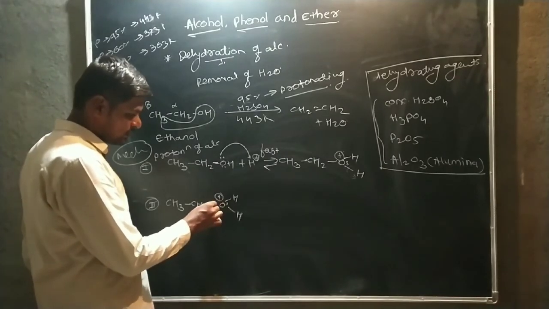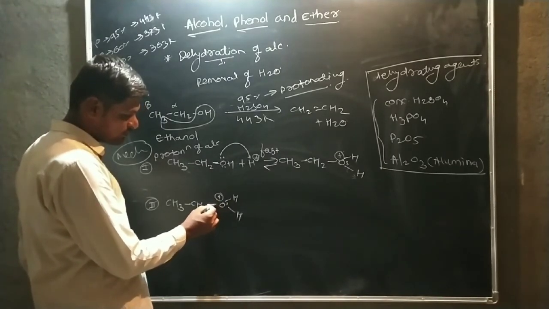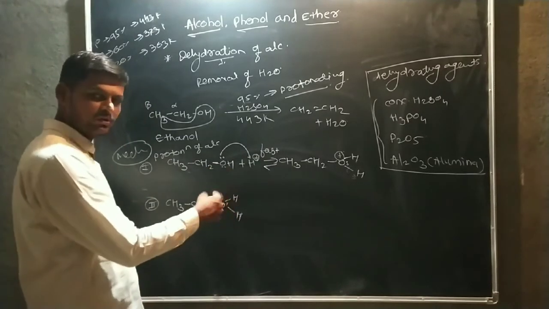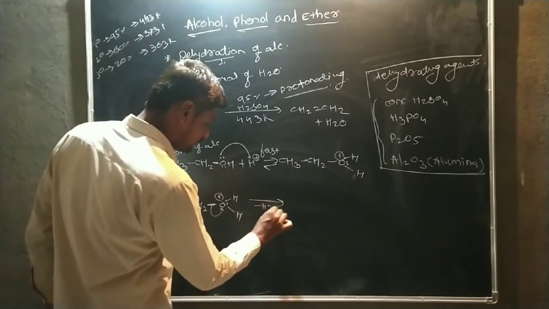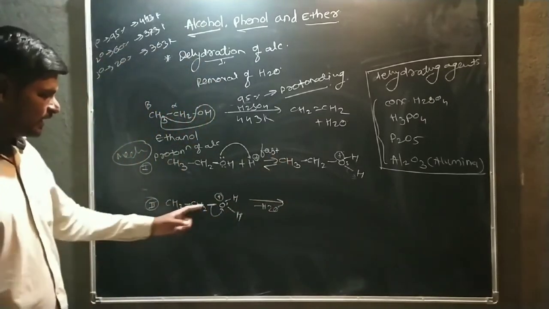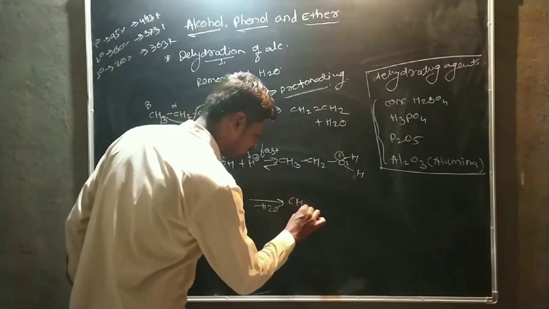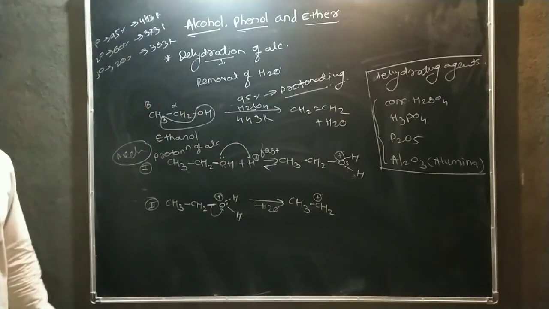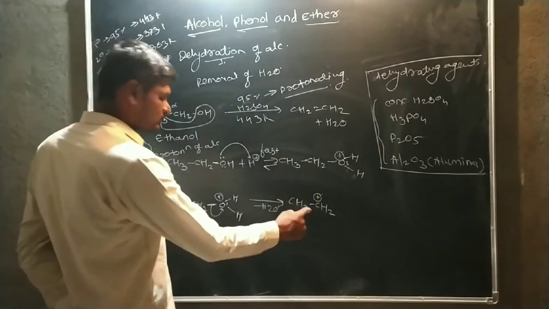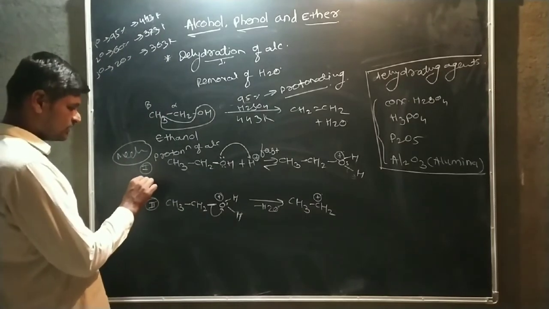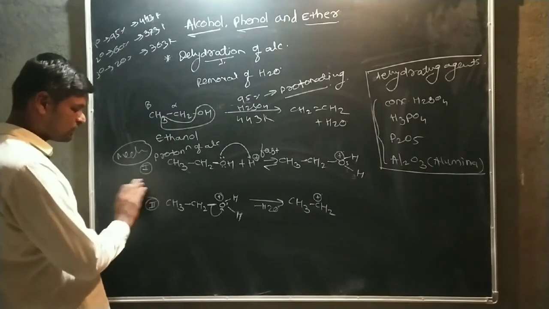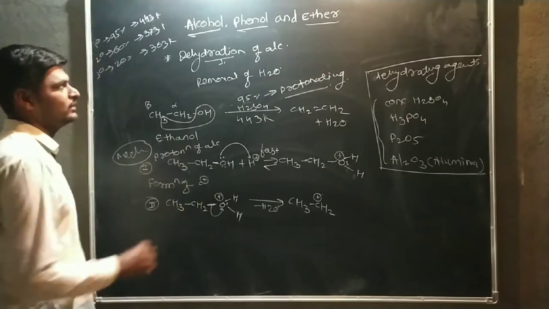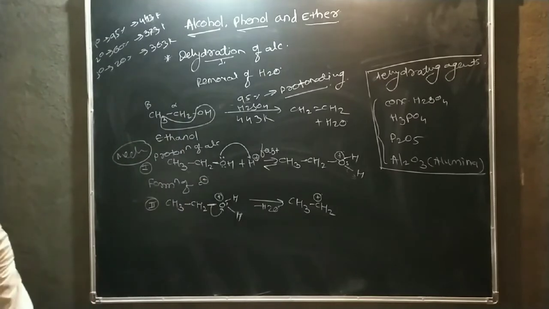The electron pair present in the bond between carbon and oxygen atom is delocalized on the oxygen atom, and the water molecule is eliminated. After elimination there is a formation of a carbocation. The title of the second step is removal of the water molecule and formation of carbocation.